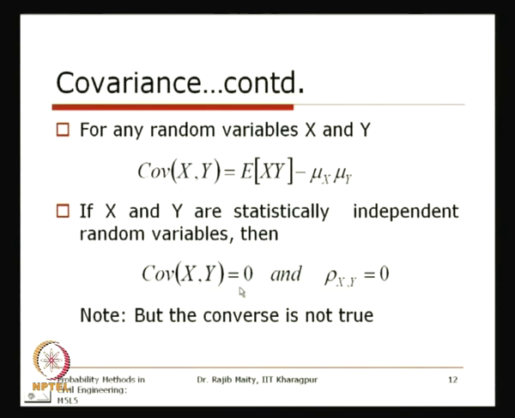Now, up to this point, we have got three important pieces of information, and we will see some problems on them. If the joint density of two random variables is the product of their individual marginals, then those two random variables are independent.